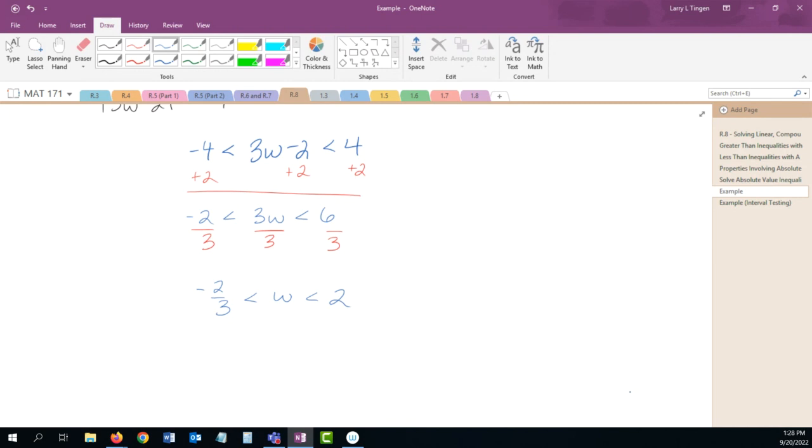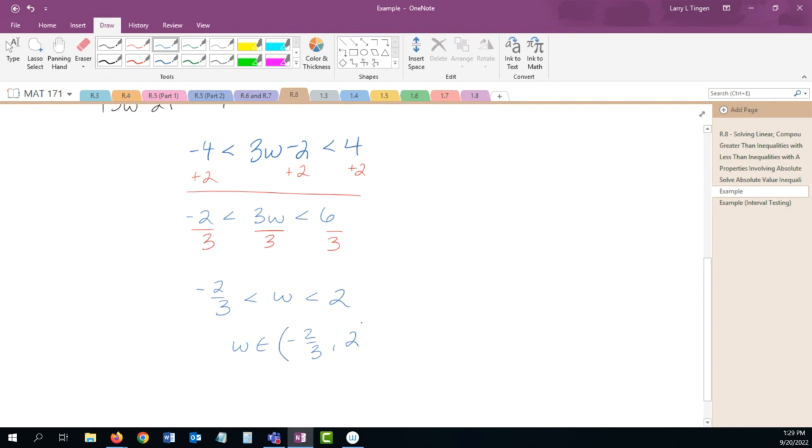All right. Want to write that in interval notation. I'm starting at negative 2/3, going up to 2, and then I take my step back. Is negative 2/3 included? No, because this is strictly less than.